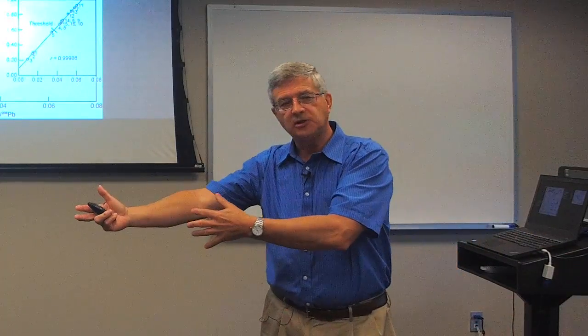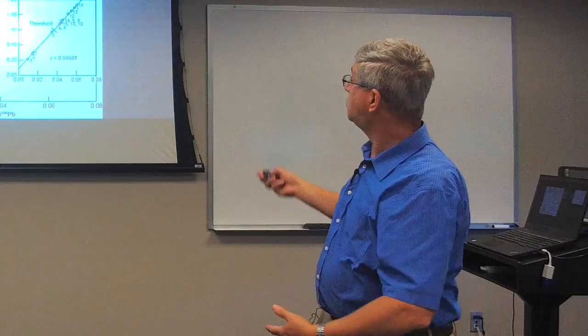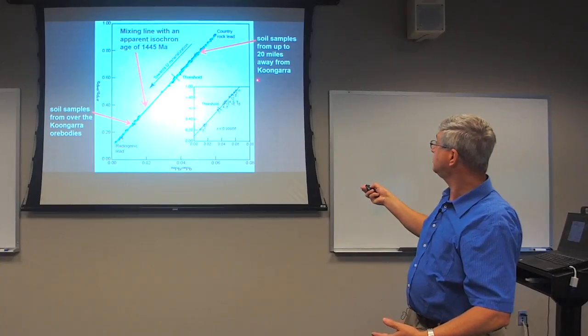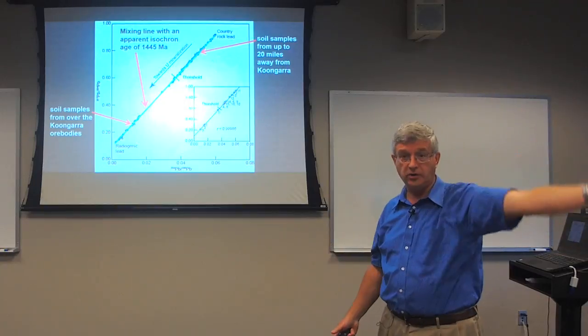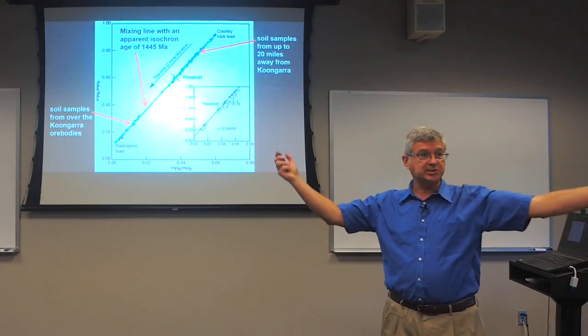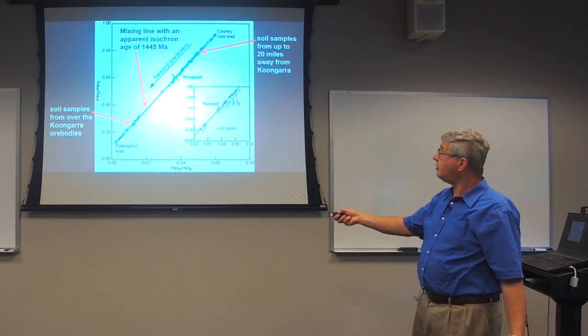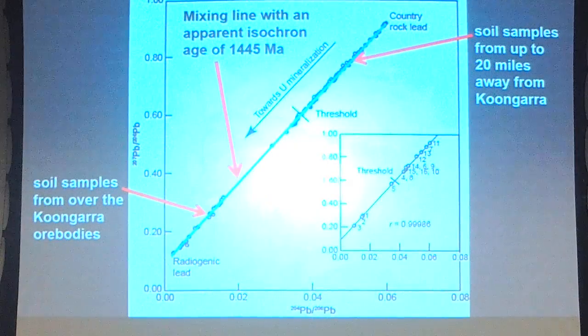Then we looked at soil samples from the side of a mountain in a different rock unit. And we got all these soil samples and we plotted them, and lo and behold, they plotted an isochron line. But these were soil samples. In actual fact, the closer to the uranium mineralisation, the closer we got to the signature from the ore deposit.